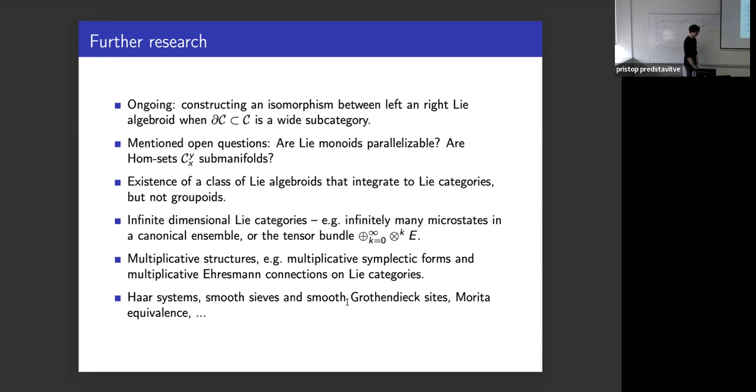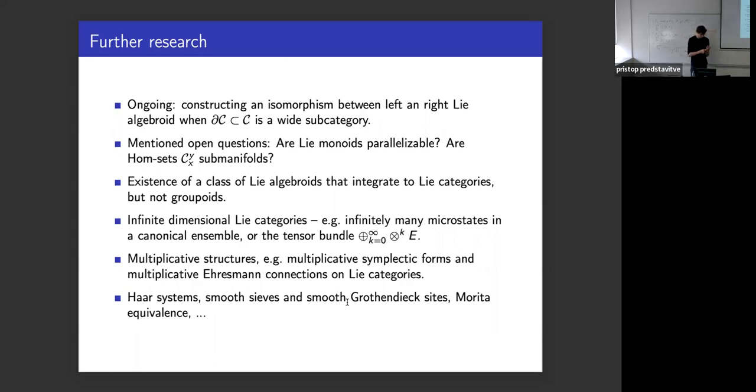The only ones that I obtained were in the end identifiable with a Lie algebroid that is the algebroid of a Lie groupoid. So yeah, that's an open question. All of these questions are basically still open.